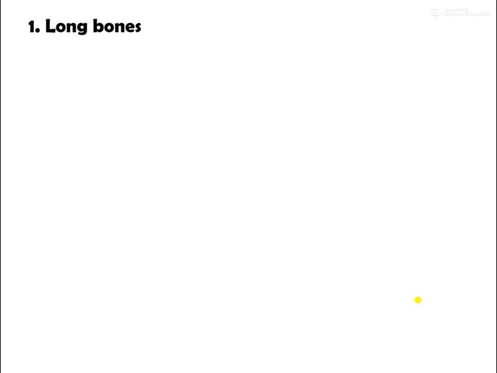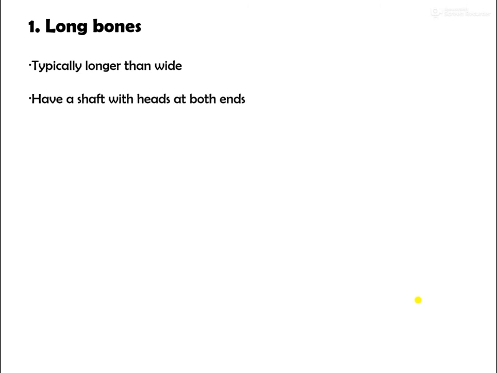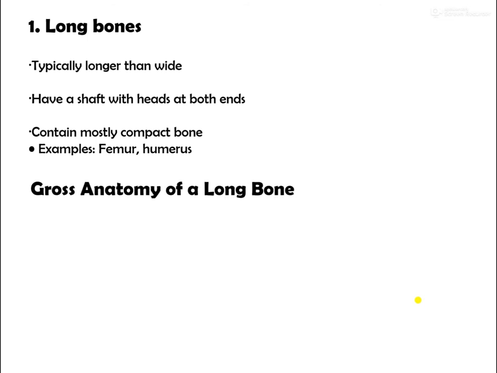Now the first one is the long bone, which is typically longer than wide and has a shaft with heads at both ends, containing mostly compact bone. Example is the femur and the humerus. Gross anatomy of long bone.